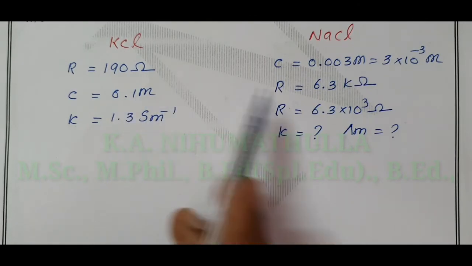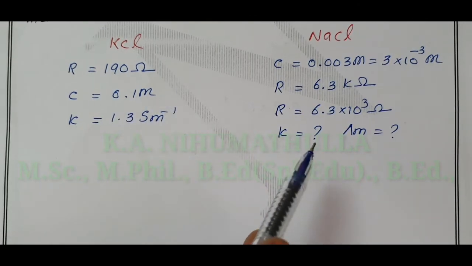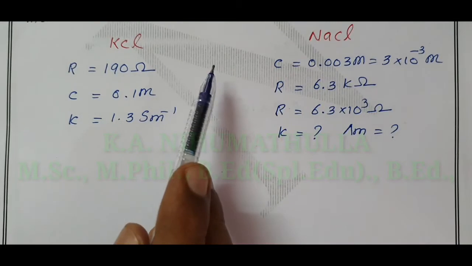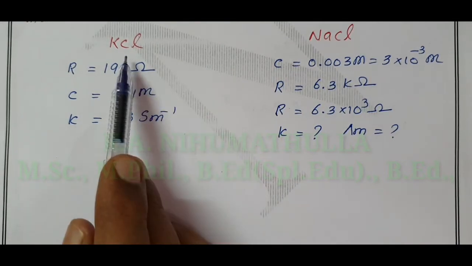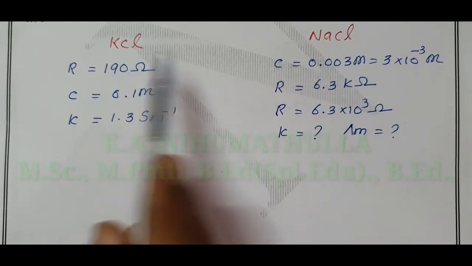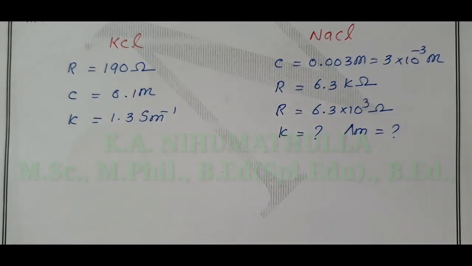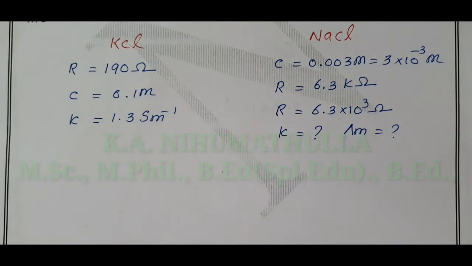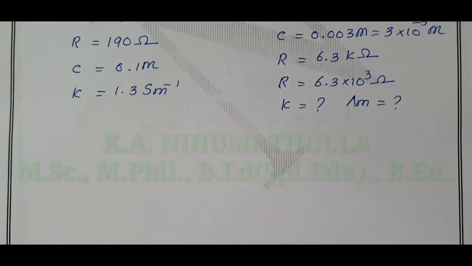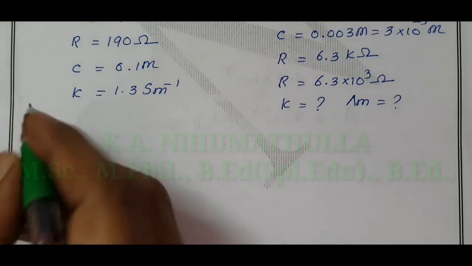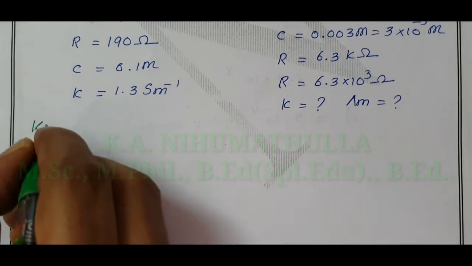Because these two are connected, the cell is a constant; only the electrolyte is changed, so the cell is the same for KCl and NaCl, and the cell constant is the same for both solutions. Now I take the KCl solution and calculate the cell constant value.